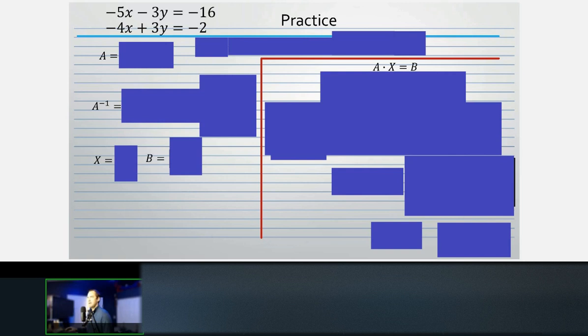Some of you may actually skip the setup, and maybe a lot of you will just go to XY equals the inverse. So really, the answer is going to be the inverse matrix times your constant matrix, right? That's really what we're going to do.